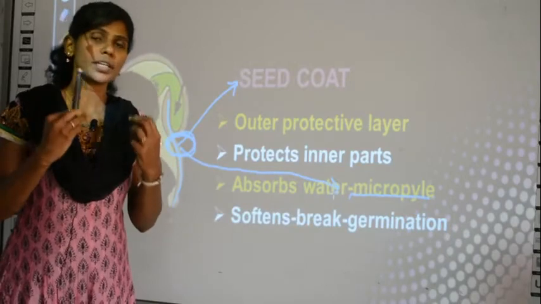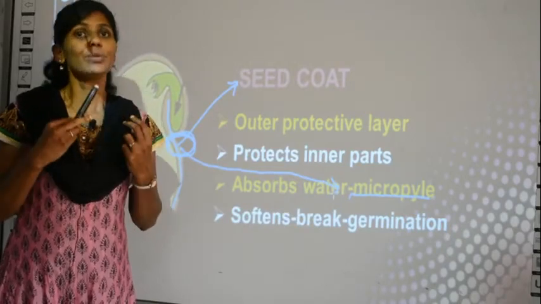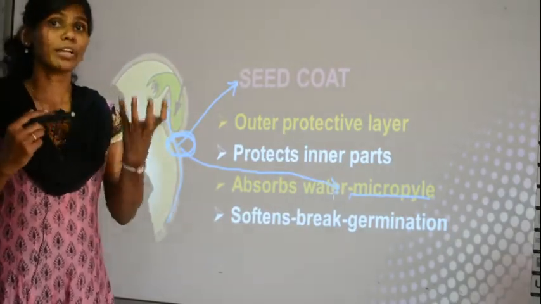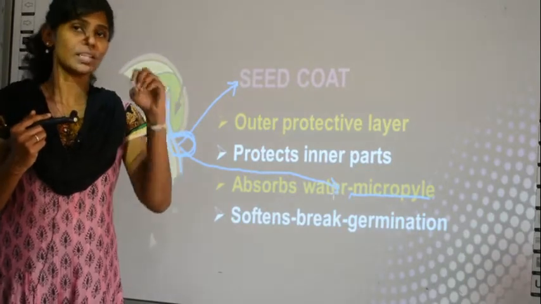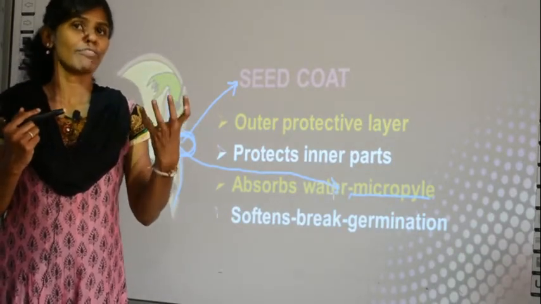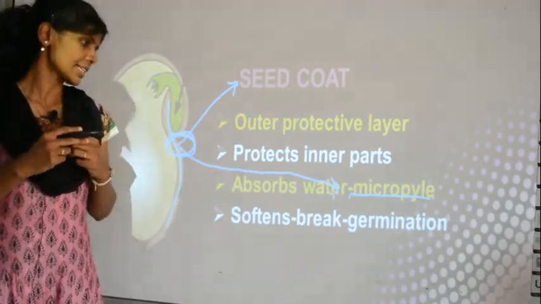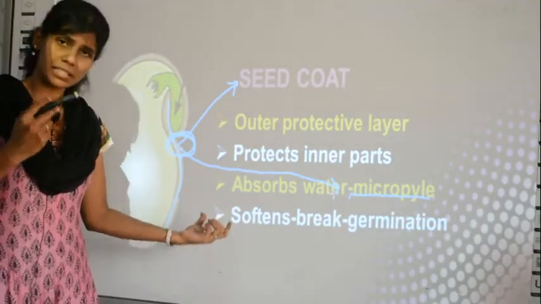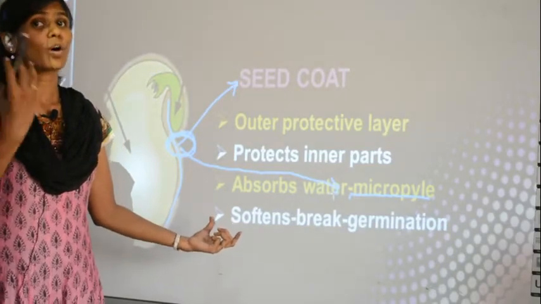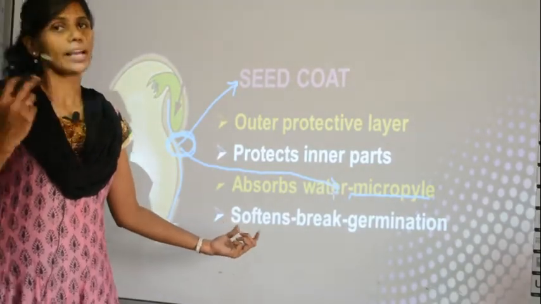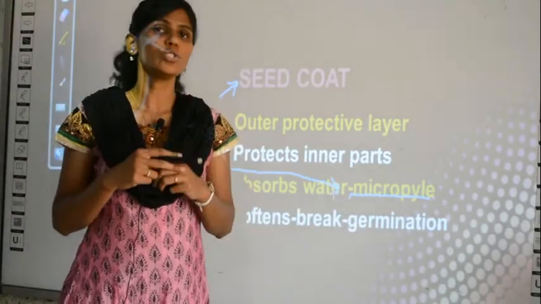Once water starts entering inside, it will make the seed itself very soft. When you soak something in water, it will be soft, right? So after it enters, the seed is soft in nature and it breaks apart and then it can germinate.